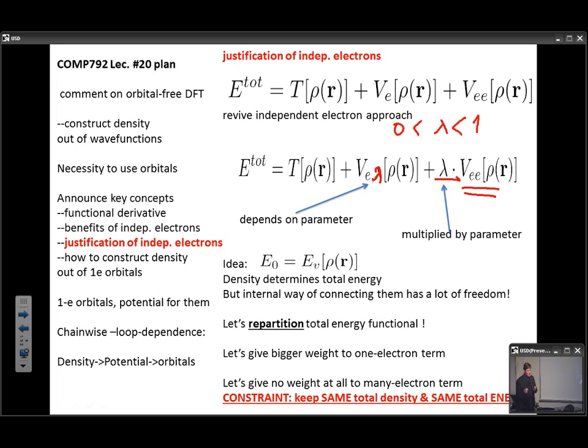But one is doing this procedure in such a way that density and energy are the same. One designs a parallel universe where electrons do not interact with each other, but in this parallel universe one gets the same total energy and one operates with the same total charge density.